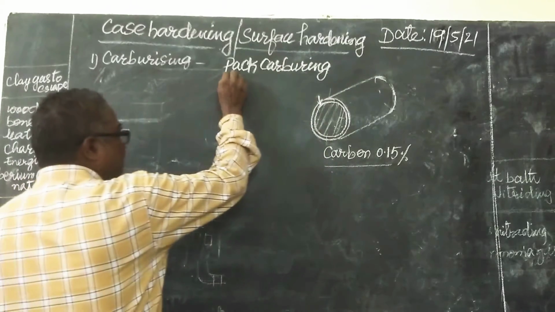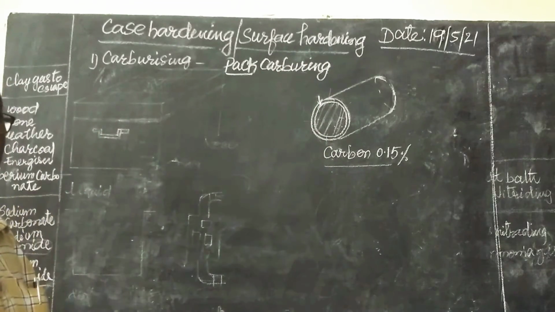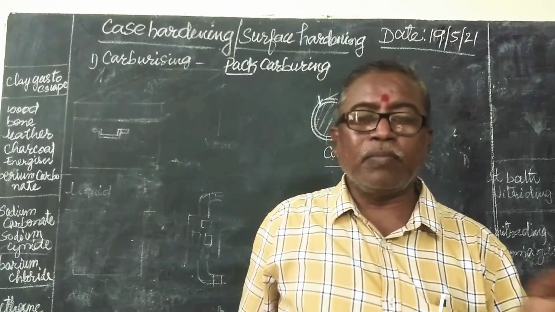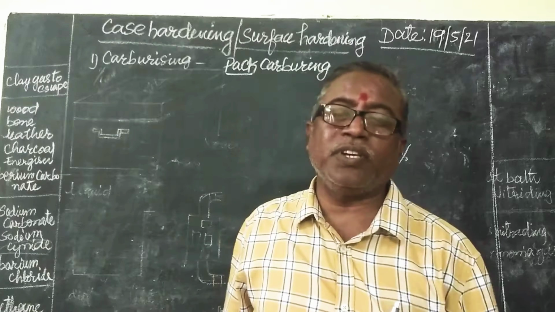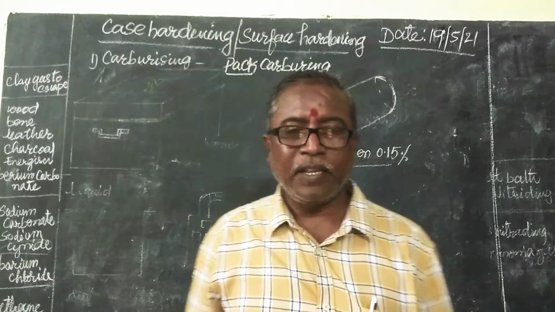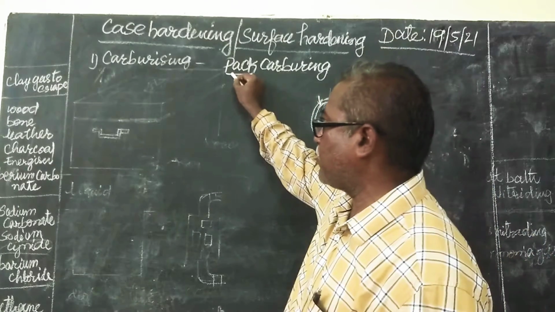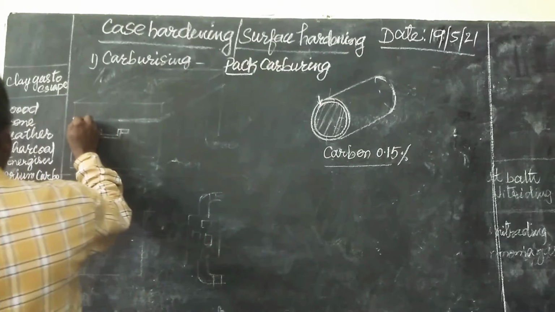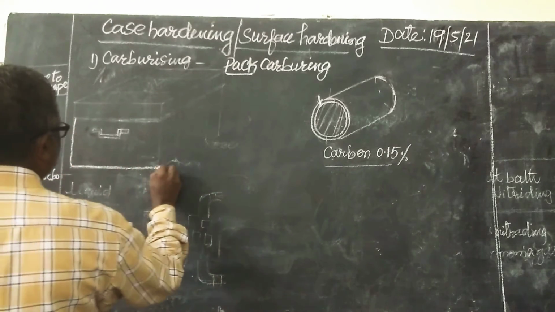So the pack is given. Carburizing we know very well: the carbon is diffusing into the metal by doing some process. So here, in packed carburizing, we are taking a metal box like this.